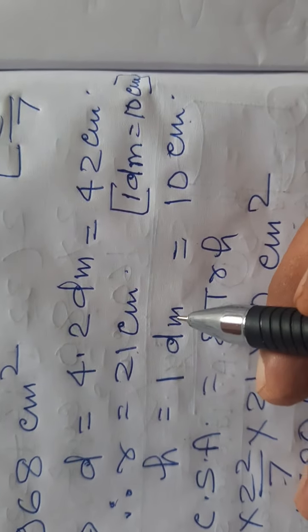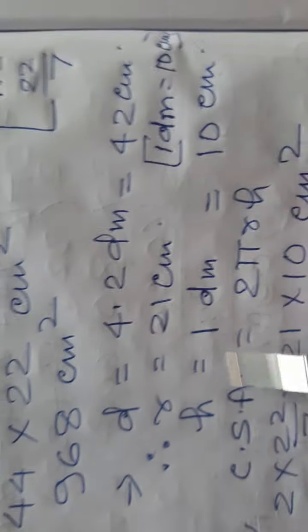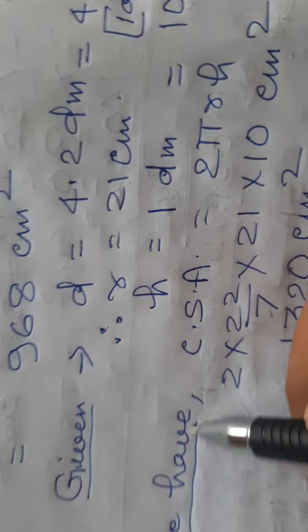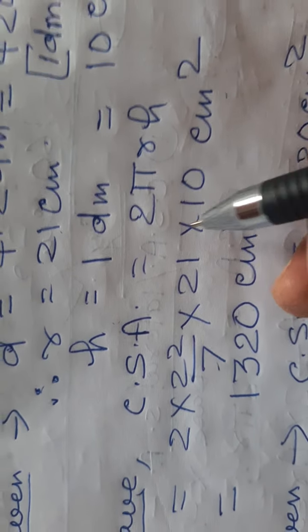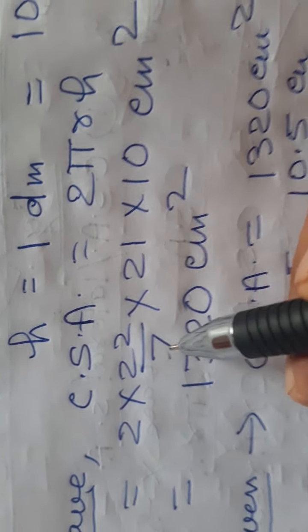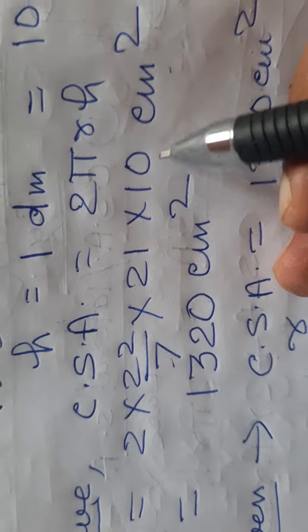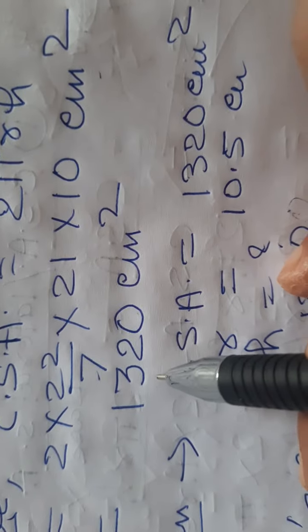Height is equal to 1 decimeter, that is equal to 10 centimeter. We have curved surface area is equal to 2 pi r h. Putting value of r and h, we get 2 into 22/7 into 21 into 10 centimeter square, that is equal to 1320 centimeter square.